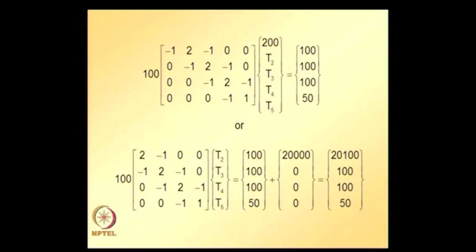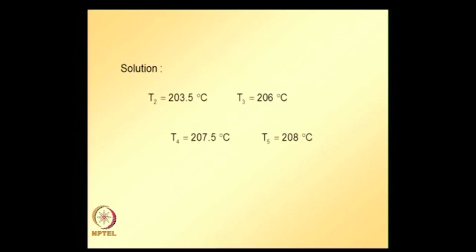The solution of this equation system is: T2 is equal to 203.5 degrees centigrade, T3 is equal to 206, T4 is equal to 207.5, T5 is equal to 208, and T1 is already given, the essential boundary condition, T1 is equal to 200.